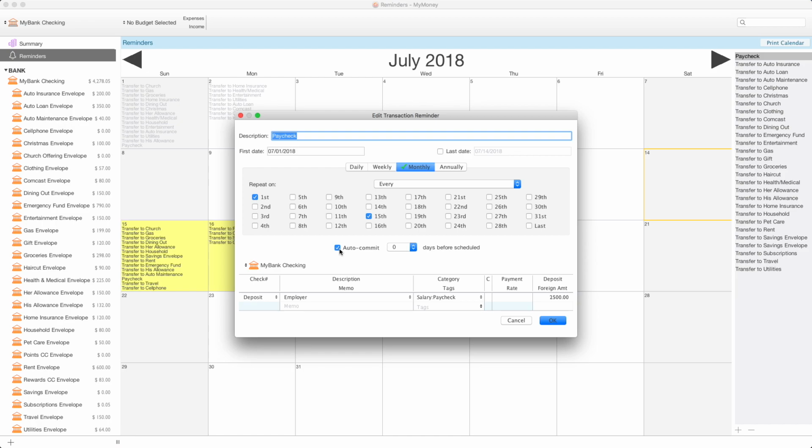I can let the computer do that for me by clicking this auto commit, and then you can say I want that to happen on the day of, which is 0 days before scheduled, or you can set that to a bunch of different timelines, right? And that'll come in handy in just a second, and I'll explain why. So on the 1st and the 15th, $2,500 automatically posts on my account.